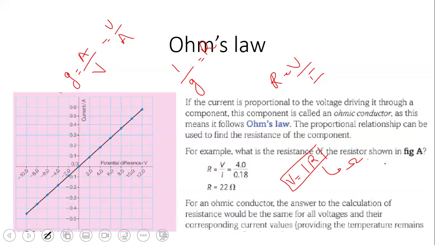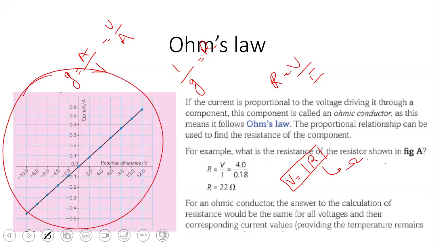This is the relationship that we are going to see in any resistor that is an ohmic resistor or a fixed resistor. Any resistor that has a fixed value of resistance will give you a graph or a relationship like this, and you can solve all questions related to it by using V equals IR.